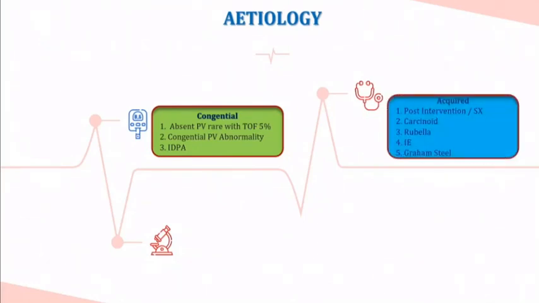The most common acquired causes would be post-intervention, that is post-balloon valvotomy, or post-op cases such as TOF surgeries or conduit repairs, right heart carcinoid, rubella, and infective endocarditis. Graham Steell murmur is the most commonly seen clinical condition, that is high pressure PR, meaning the pulmonary artery is hypertensive and the valve regurgitates.